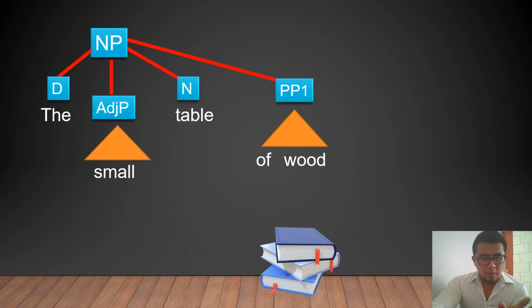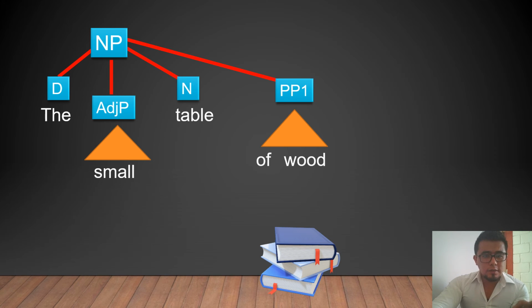So the theory tells us that every place of the word in the sentence can be changed, and the sentence can be modified by an adjective, or even by a noun, or even by a prepositional phrase. For example, in this case, this sentence has one prepositional phrase, which is of wood.